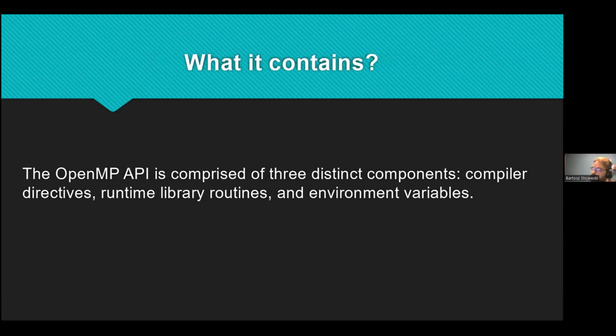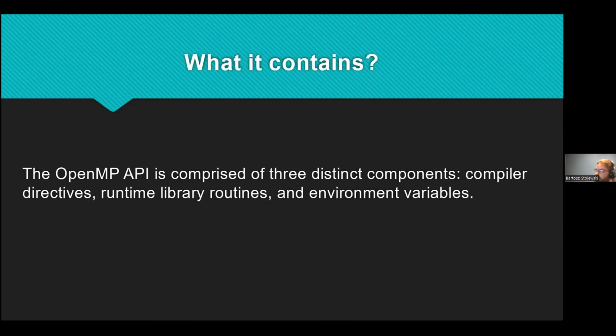The OpenMP API is composed of 3 distinct components: compiler directives, runtime library routines, and environment variables. Compiler directives typed in your source code are instructions for the compiler on how to parallelize your code. If you set the right flags on compilation, these directives are read and understood, else they are ignored.